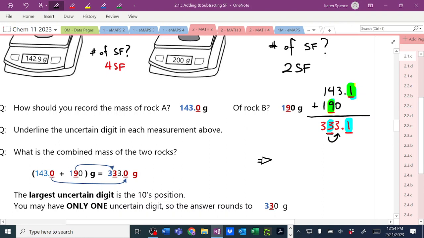And that's going to round to 3, 3. You guys are going to tell me what you think of that answer. Do you like it? I've rounded to my uncertain digit. Or have I? What have I done that's wrong?